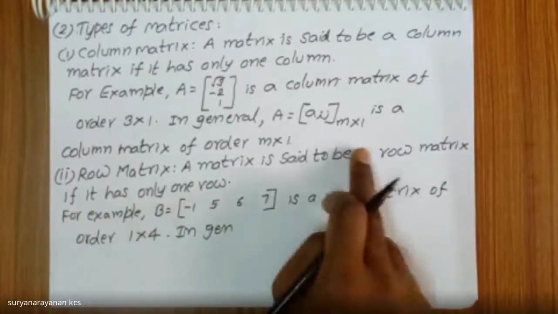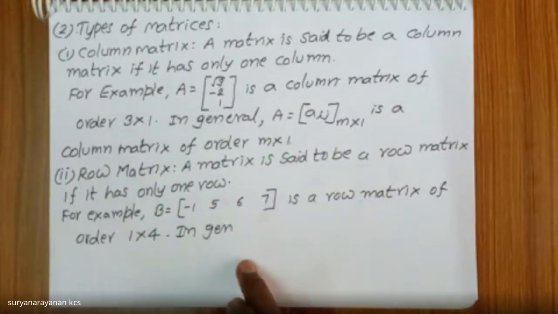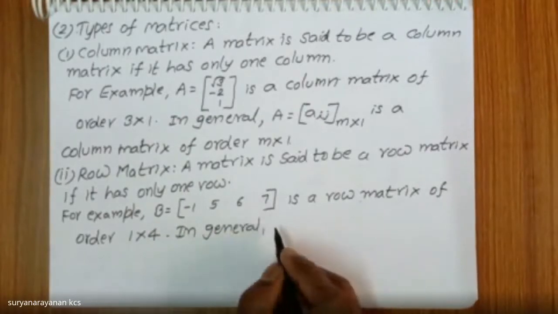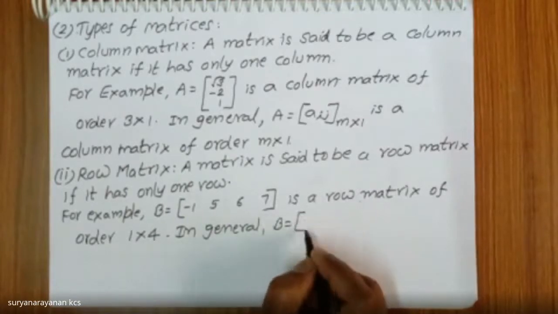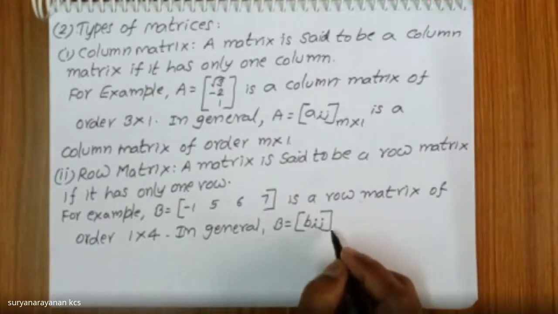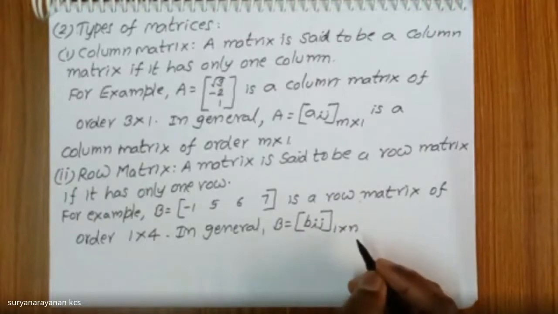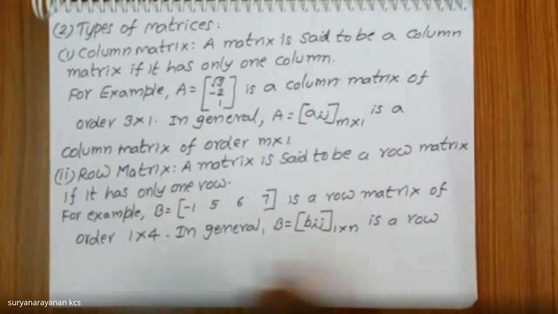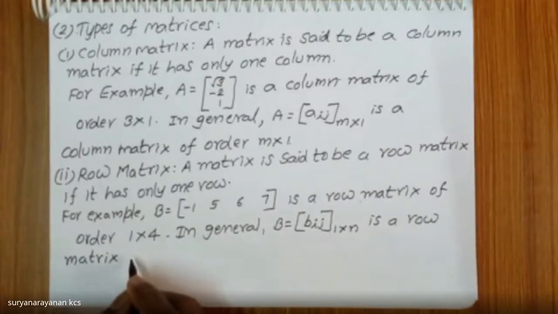In general, B is equal to Bij of order 1 by n is a row matrix of order 1 by n.